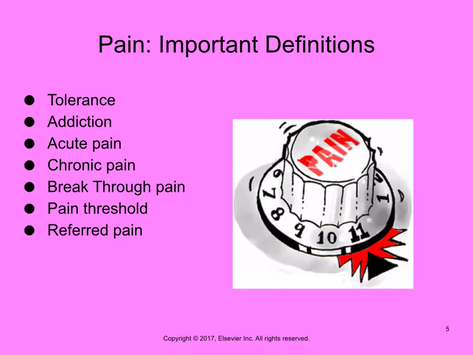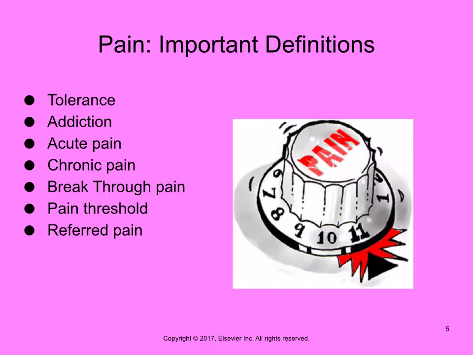There's important definitions in terms of pain, and you know from the introduction that definitions are very important to understand. So really take some time to give yourself examples with this to understand it. So tolerance: the amount of pain a person can endure without having it interfere with their normal functioning.